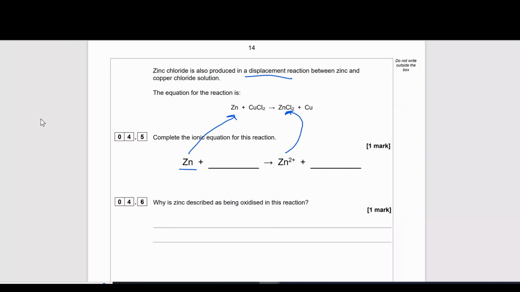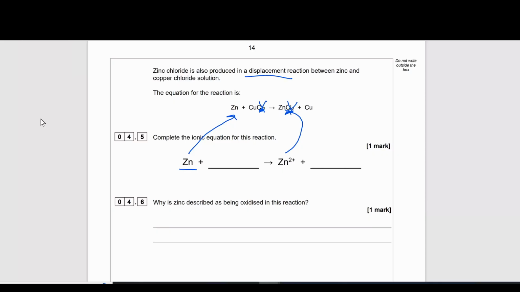Well, ionic equations, when we do them, we are trying to show what has been oxidized and what has been reduced. So in this case, we don't have to worry about our chlorine or chloride here. So that is not important.